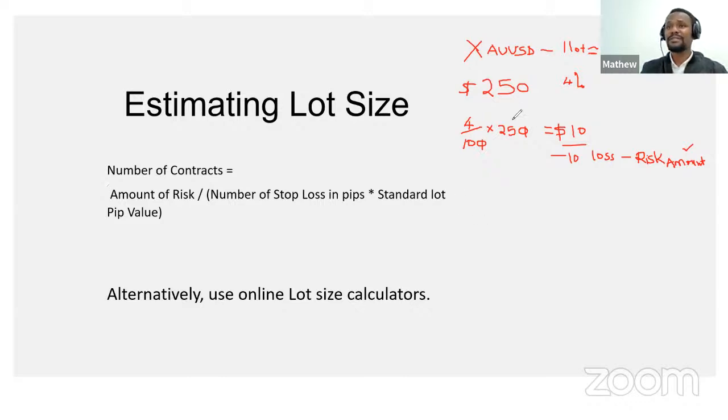So in this case, it's supposed to be the number of contracts or lots, amount of risk, which is I'm risking $10. So $10 I divide by the stop loss distance. Sorry, I didn't write SL distance here.